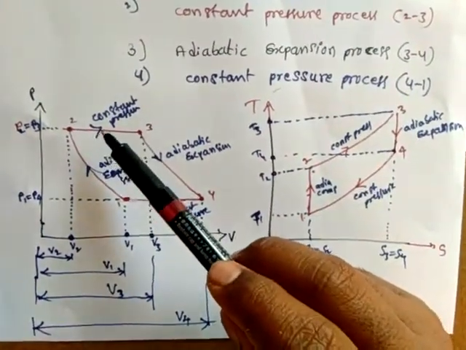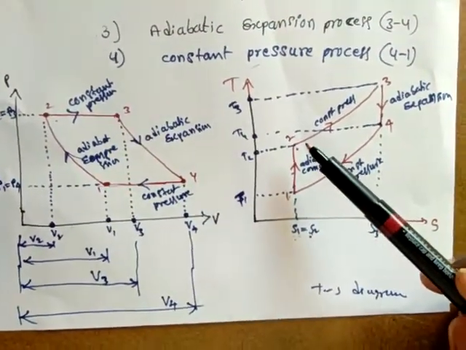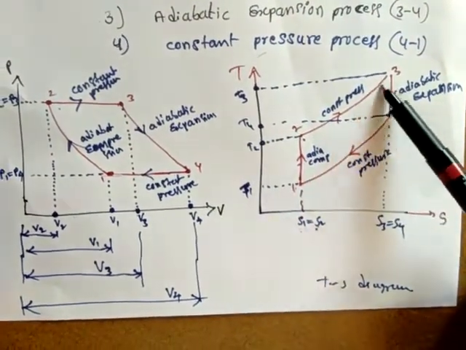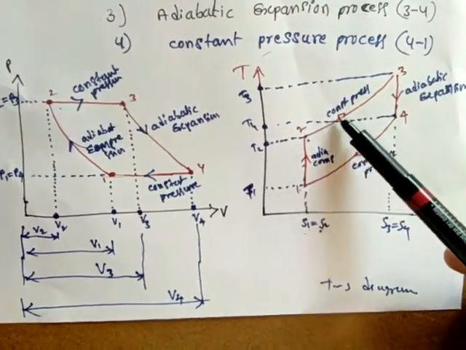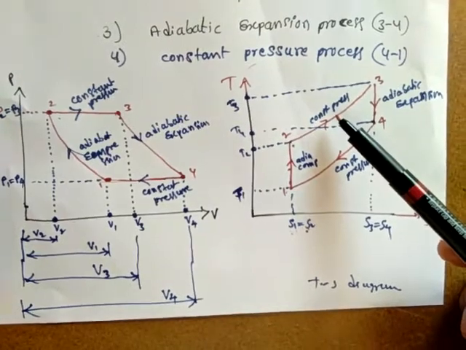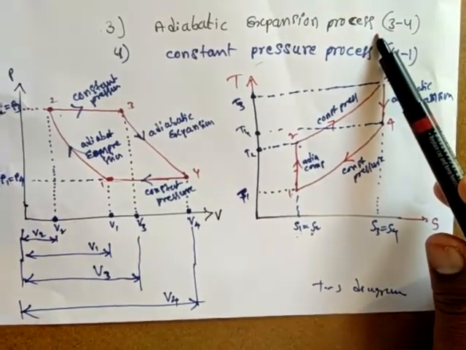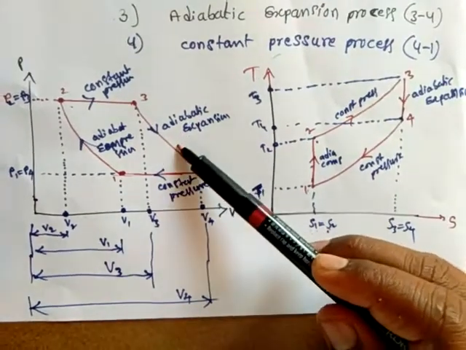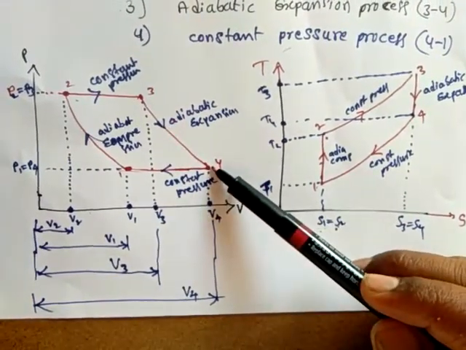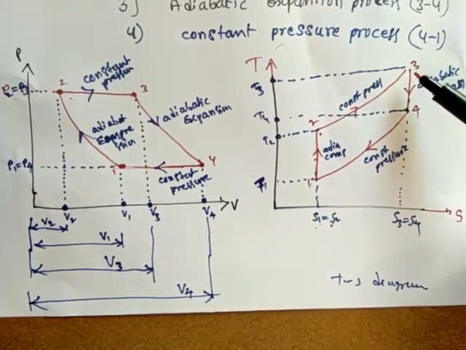In PV diagram, it is a straight line. A straight line means in TS diagram, it should be a curved line. 2 to 3 is a curved line. So it is a constant pressure process. Next, third process, the adiabatic expansion process, that is 3 to 4. In PV diagram, it is a curved line. In adiabatic process, entropy is constant.